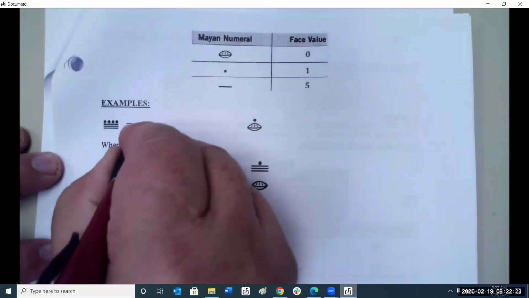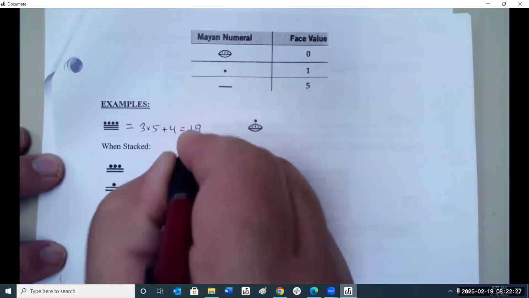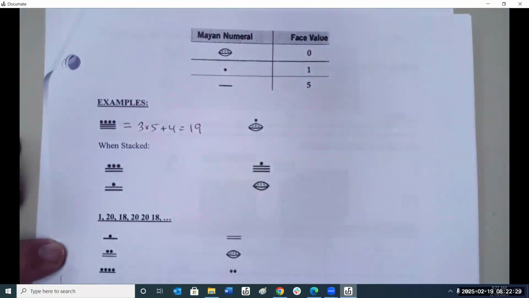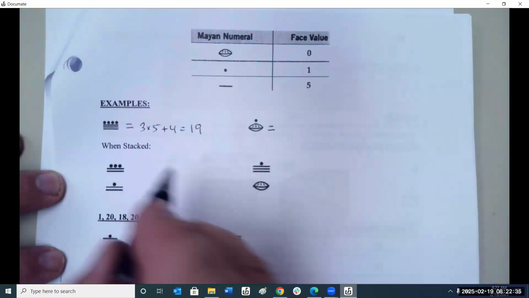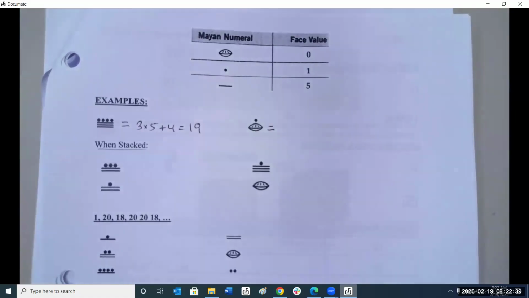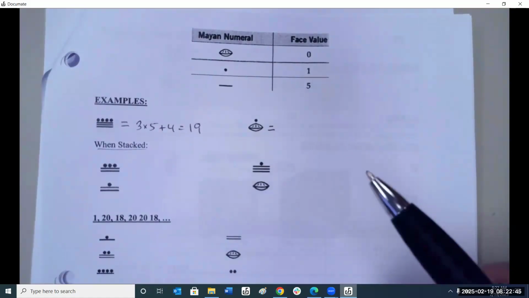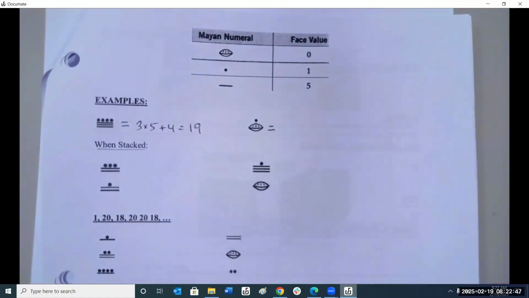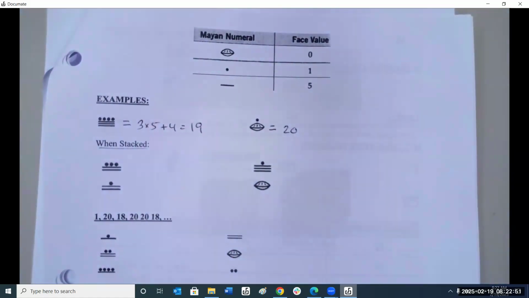Yeah, so it's 3 times 5 plus 4 is 19. The shell with a dot over it, because we can keep on adding all the fives you want to, but that becomes very cumbersome. So this is how they introduced the number 20.